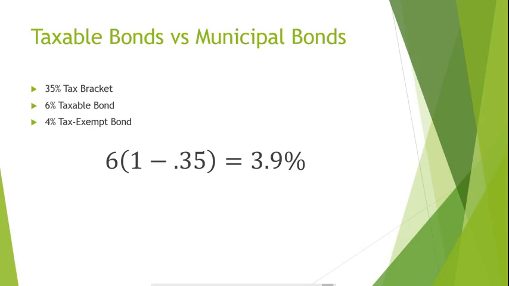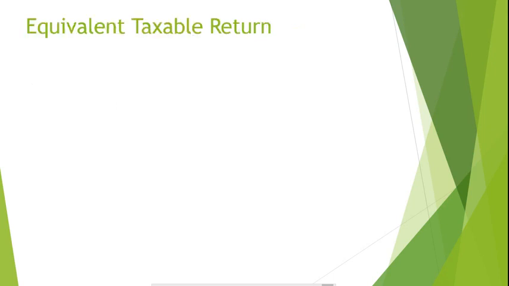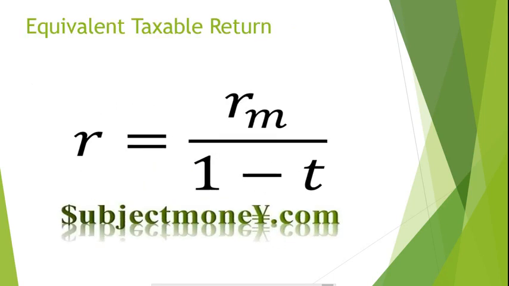Another way to compare taxable bonds with non-taxable bonds is to find the equivalent taxable return. We'll let R represent the before-tax return offered by the taxable bond, T represent the combined federal and local taxes that the return of the taxable bond is subject to, and RM represent the return offered on the tax-exempt municipal bond.